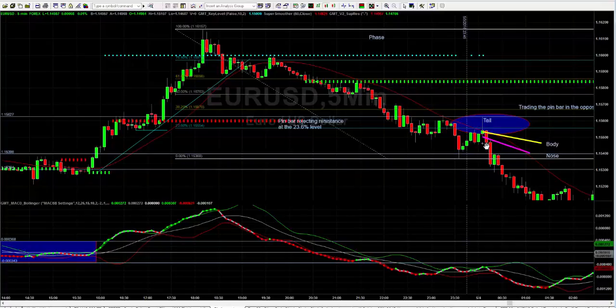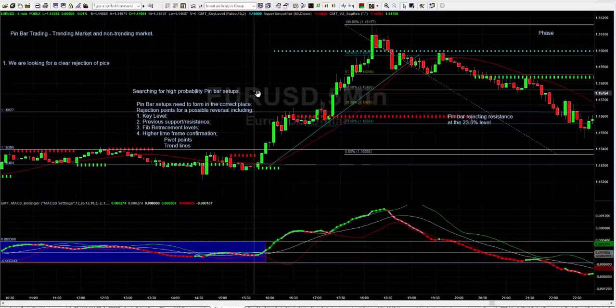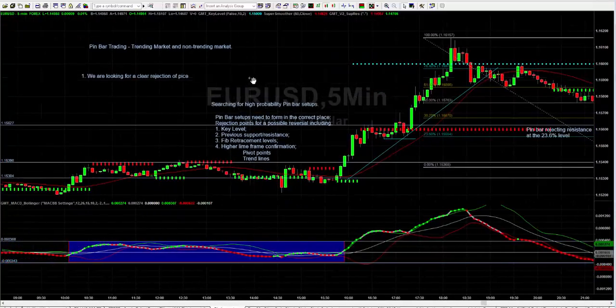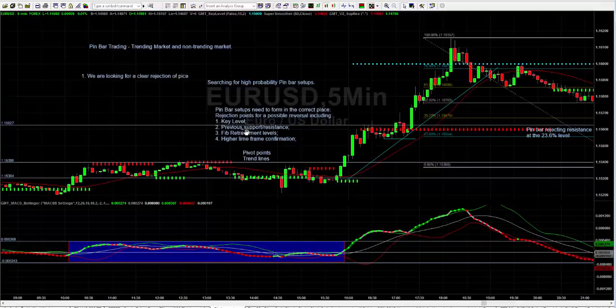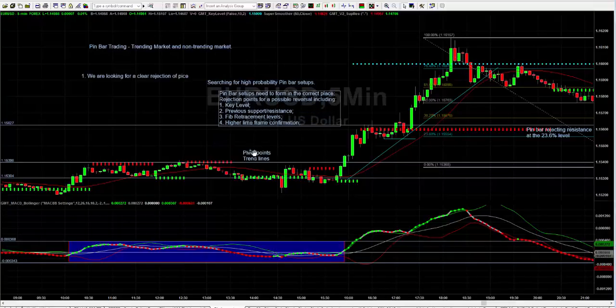Pin bar reversals are fairly common on charts, but what we need to see is something called confluence. We're looking for clear rejection of price, but we need high probability pin bar setups, and those high probability setups need to come with a number of different elements for us to take a trade.